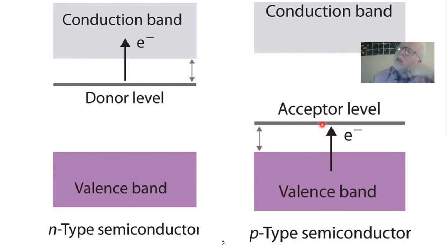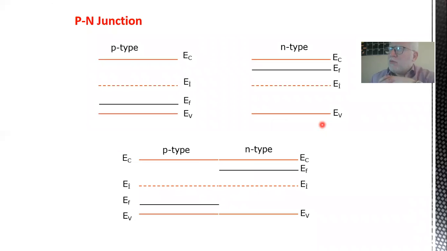Now, let's imagine that you combine p-type and n-type regions. So on the left-hand side, you have a p-type doped semiconductor material, and on the right-hand side, you have an n-type doped semiconductor material. And you are going now to merge and mix these 2 materials together to form what's called a junction.